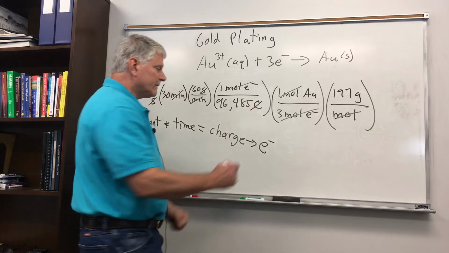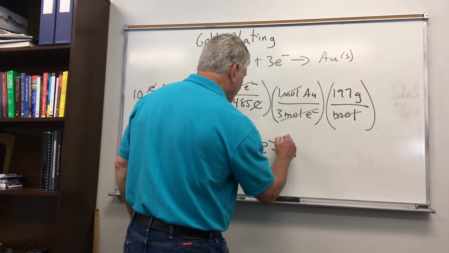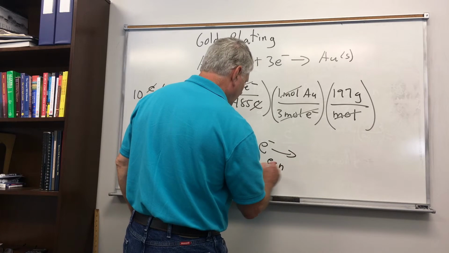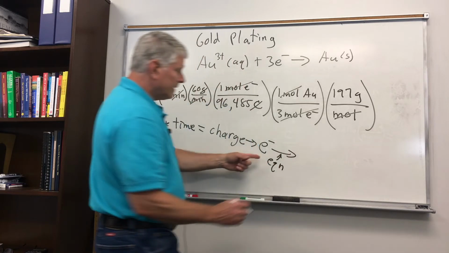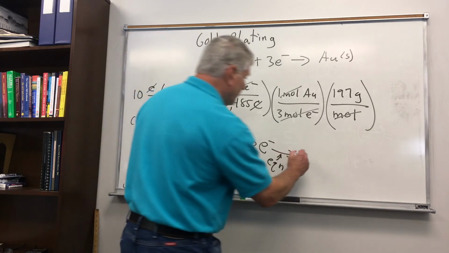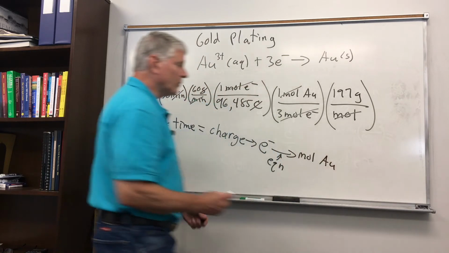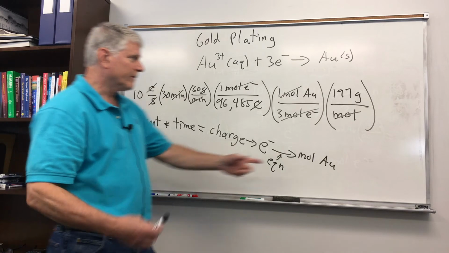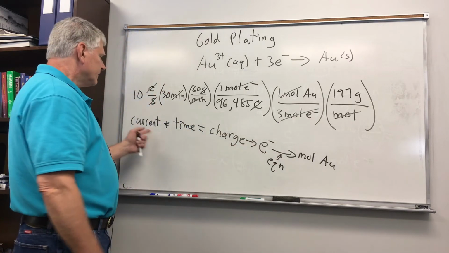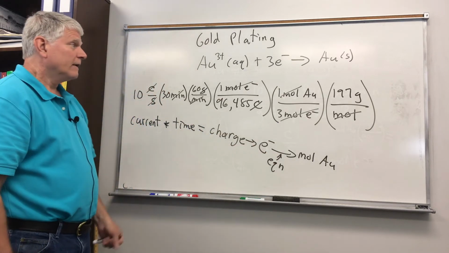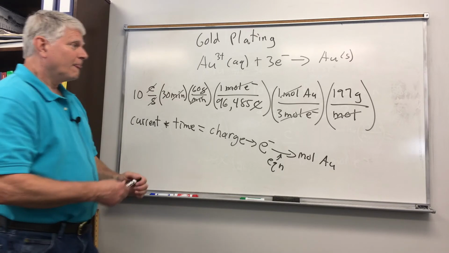And then from the balanced equation, I can convert the number of electrons to the moles of gold species, and then from moles of gold to grams of gold. So this is kind of an outline of how I'm doing the reaction.